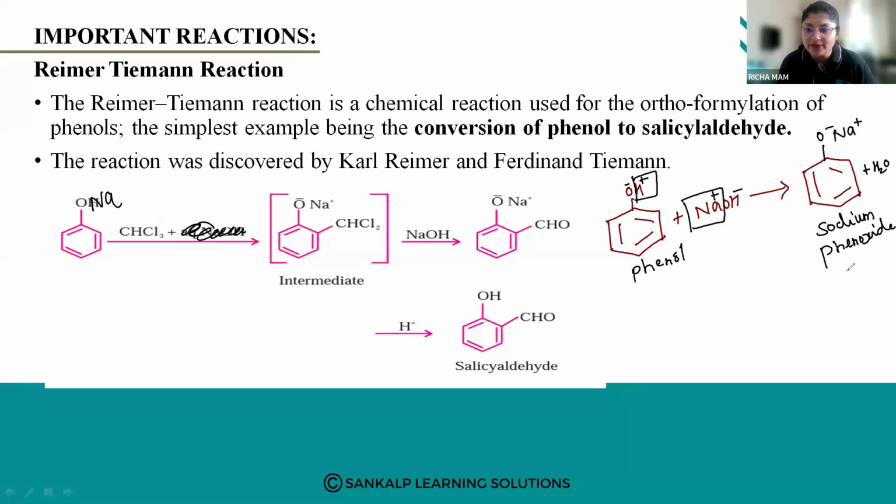Let me write it here. Treat it with chloroform, CHCl3. After treating with chloroform, at the ortho position the electrophile generated will be CHCl2, so it will be O minus Na plus and CHCl2 at the ortho position, with HCl liberated, minus HCl.